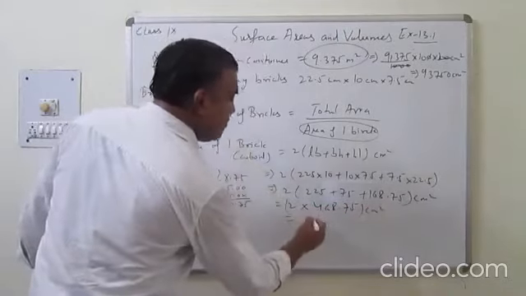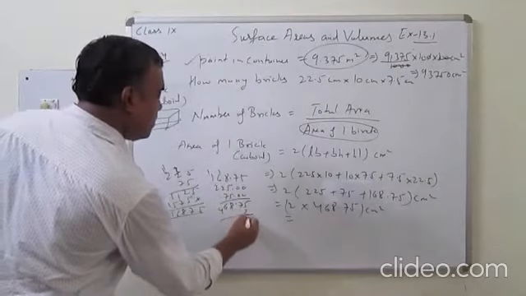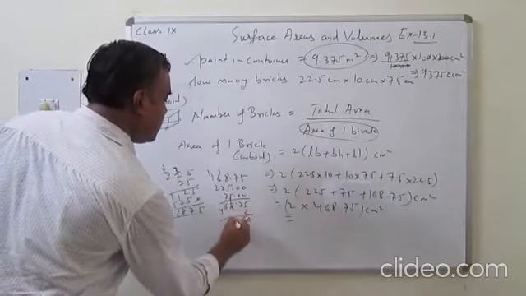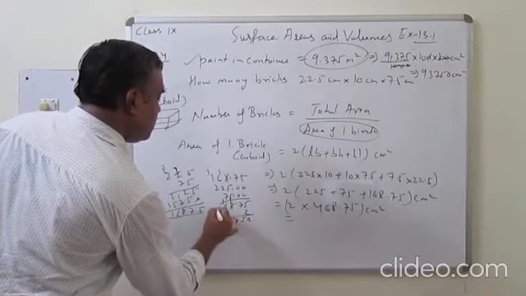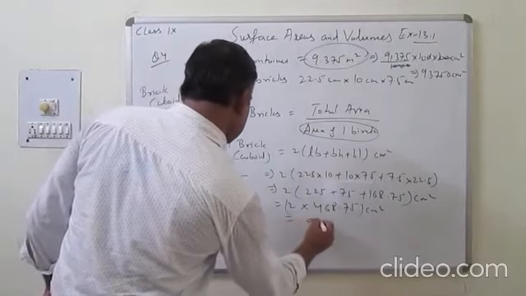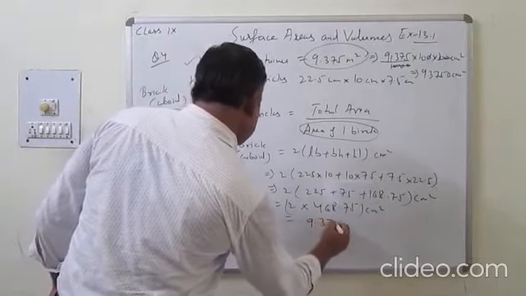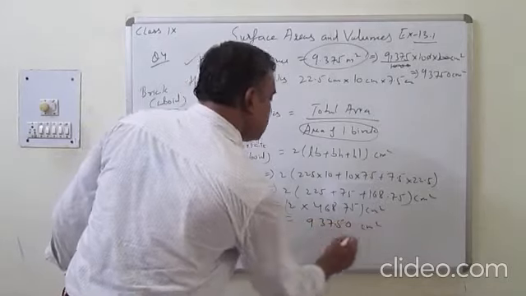So the area of one brick is 468.75 centimeter square, and 2 times it gives 937.50.